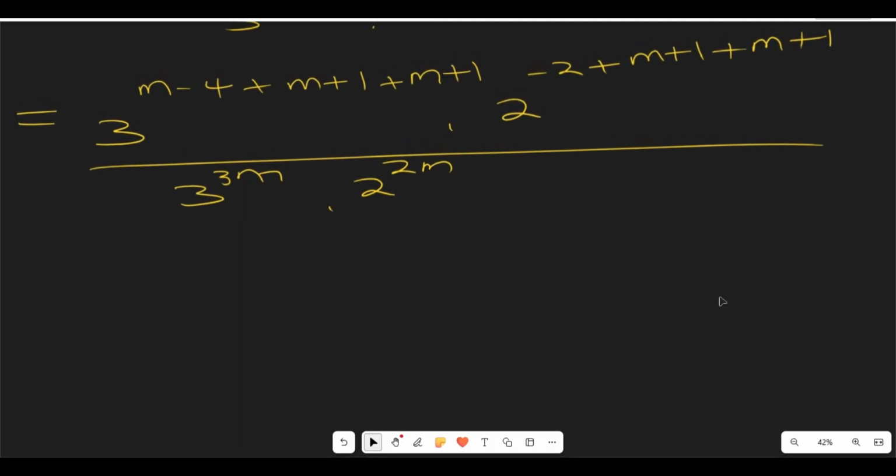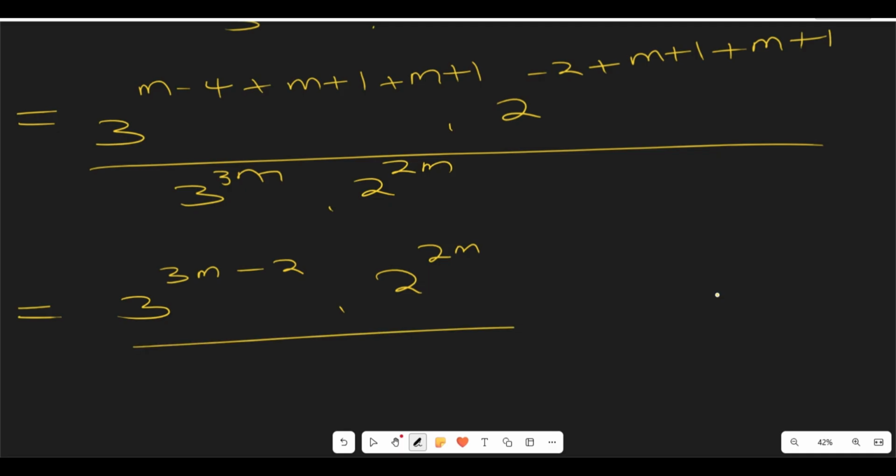So here we'll say 3 to the power m plus m plus m is 3m, right? So negative 4 plus 1 plus 1 is minus 2, like this. And then here it's m plus m, which is 2m, and only because 1 minus 1 is 0.